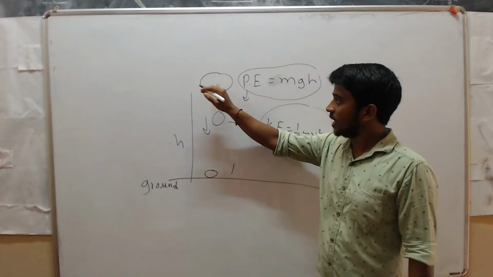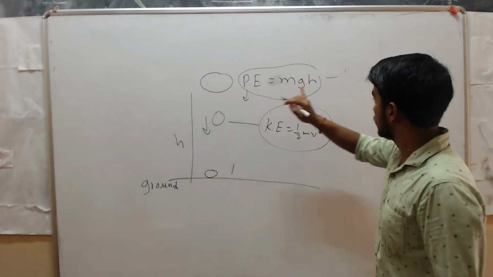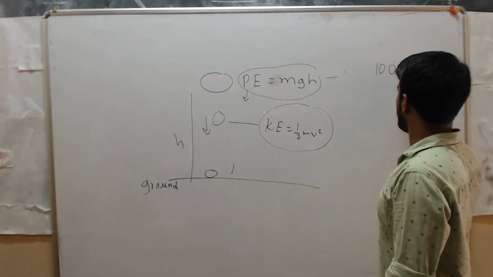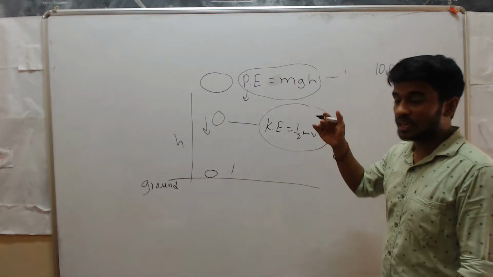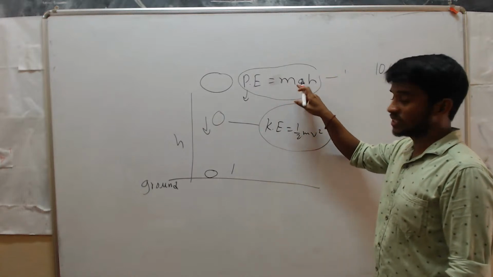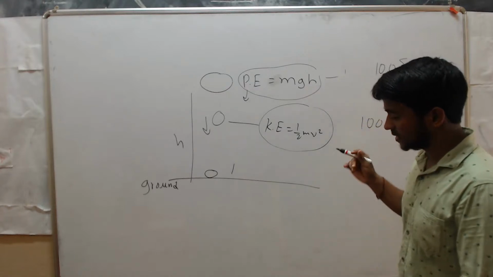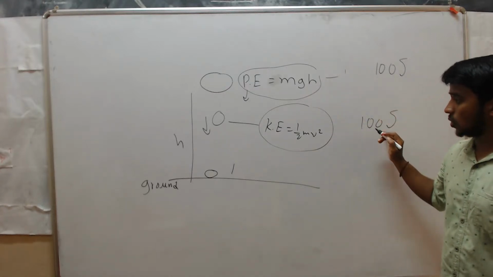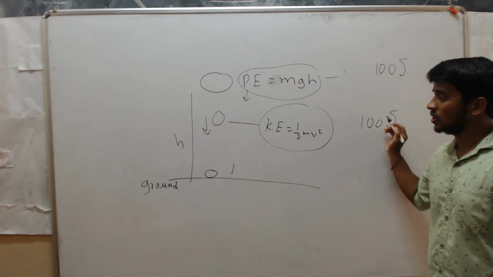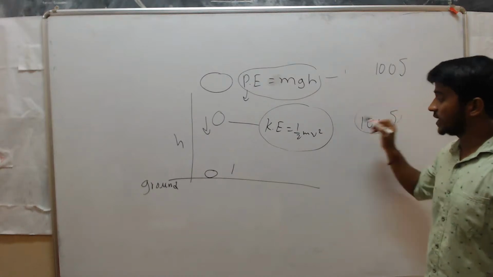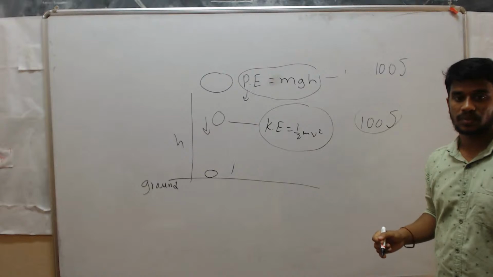Just imagine it starts to fall: if 100 joule of potential energy reduces, then 100 joule of kinetic energy increases.